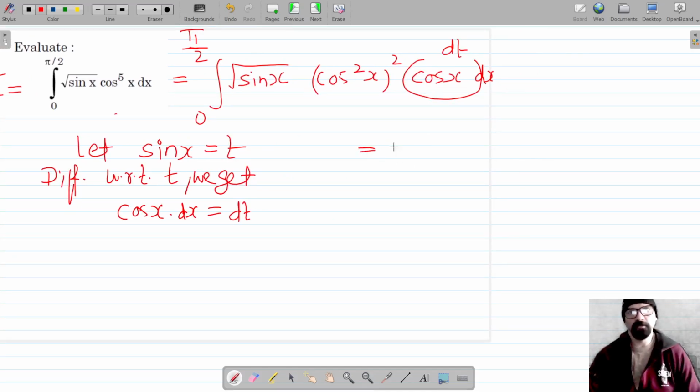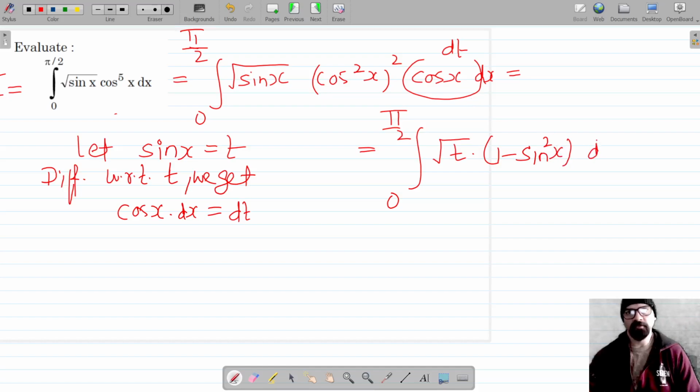So this is equal to 0 to pi by 2, under root t, which is t raised to the power half, cos square x. Cos square x, I can write as 1 minus sine square x, and cos x into dx is dt. And let me get the new limits as well.